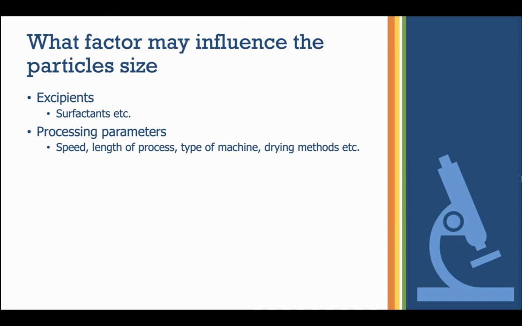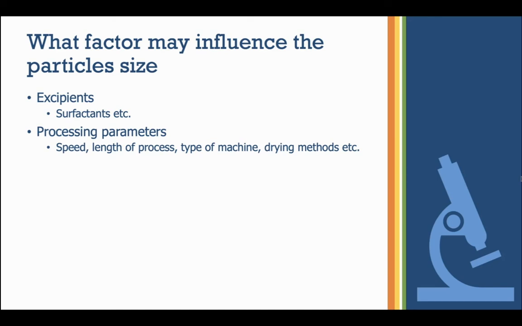The second factor that I want to highlight is the processing parameters. There are different processing parameters that may be chosen during the production of particles. As an example, if we choose to produce the particles by using a homogenizer, the homogenization method has a different speed, 10,000 rpm or 20,000 rpm or 5,000 rpm.